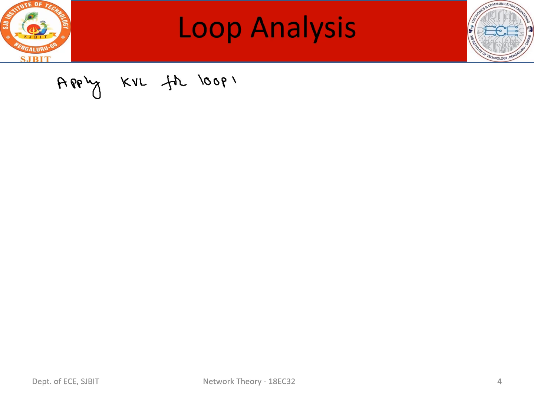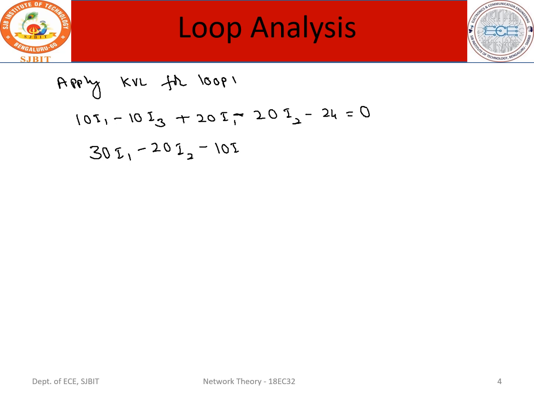Then we can write an expression like this: 10I1 minus 10I3 plus 20I1 minus 20I2 minus 24 is equal to 0. Further you simplify this, then you can write it as 30I1 minus 20I2 minus 10I3 is equal to 24.